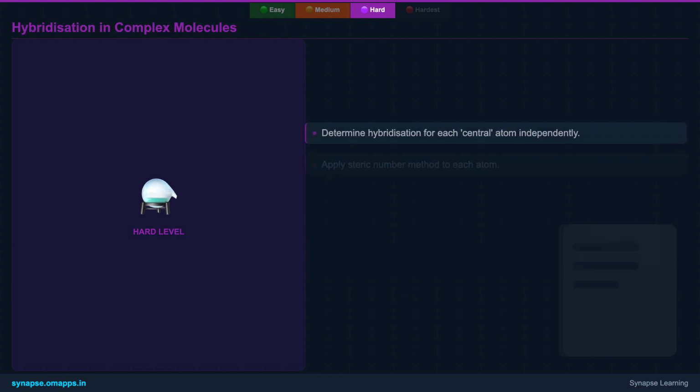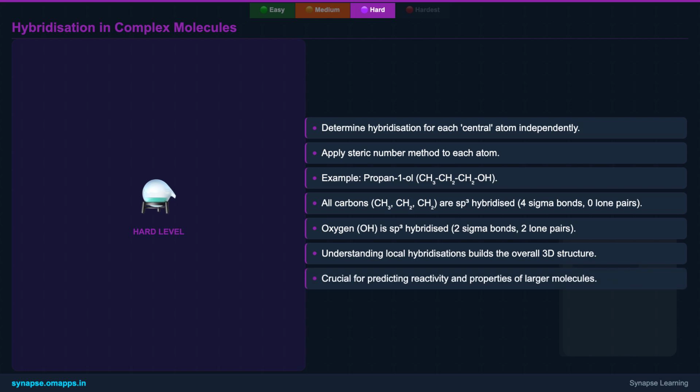In larger molecules, it's common to find different atoms exhibiting different types of hybridization. To determine the hybridization of each atom, we simply apply the steric number method to each individual central atom within the molecule. Let's take propan-1-ol as an example, which has 3 carbons and 1 oxygen. The first carbon, part of a CH₃ group, forms 4 sigma bonds and has no lone pairs, making it sp³ hybridized.